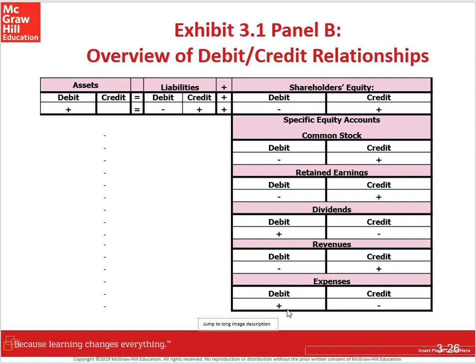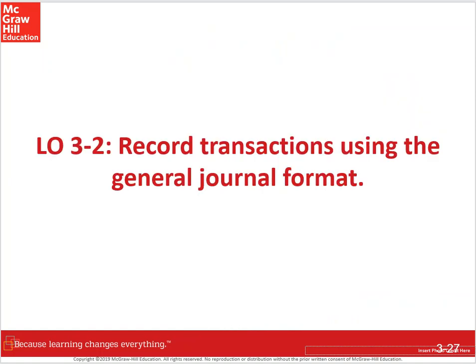And again, they put the plus under the debit side for expenses, reminding us that expenses do in fact increase with a debit, but then we have to remember that expenses cause net income, retained earnings, and owner's equity to decrease.